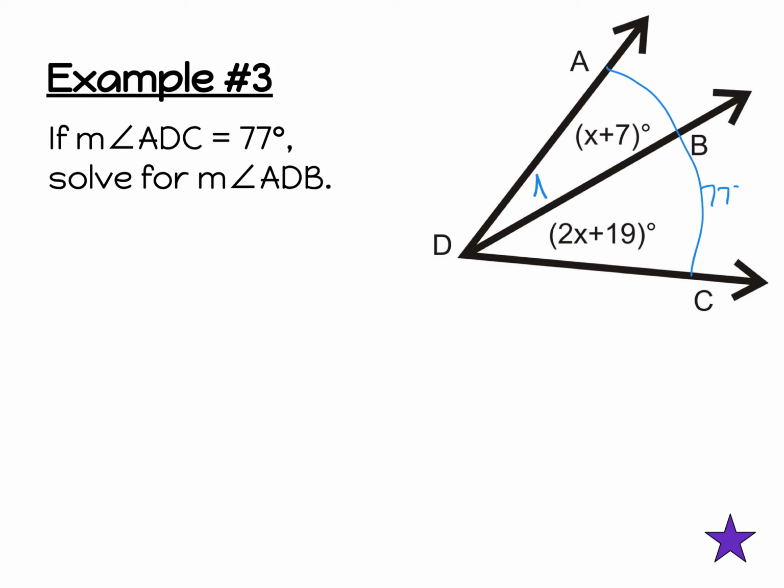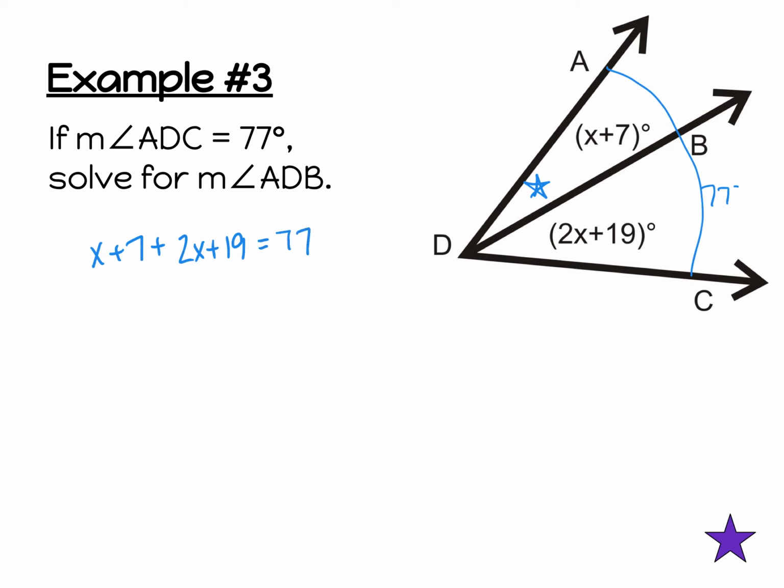So when I'm all done, this is the angle that I want to solve for. So we're going to start the same way. Okay, so I need to start by solving for x. So my little angle plus my little angle will equal the large angle. So x plus 7 is my first little angle. My second little angle is 2x plus 19. That should add up to be my large angle of 77.